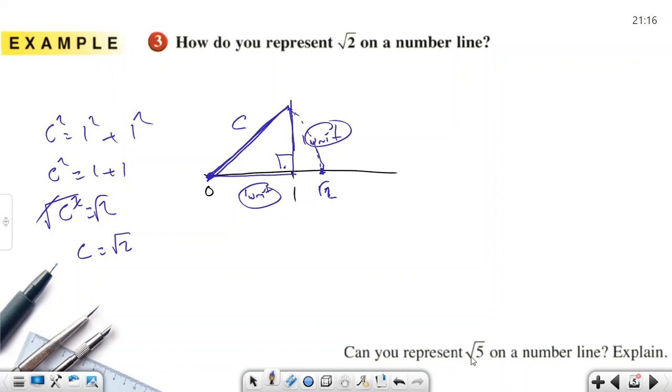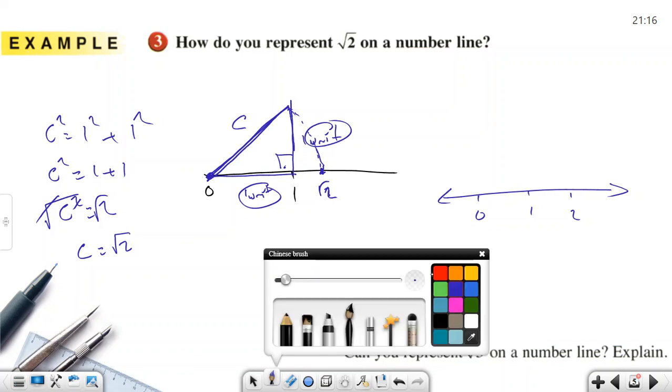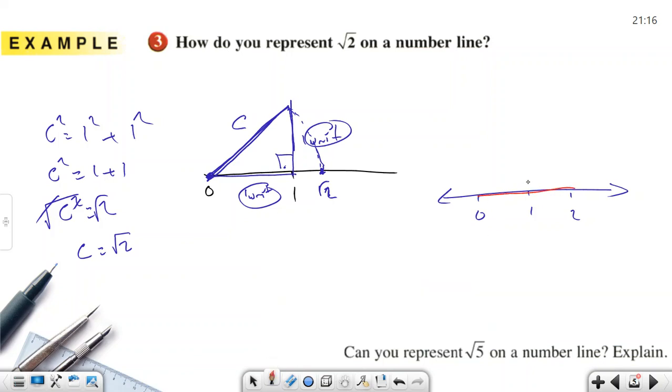What about square root of 5? You can use the same method for square root of 5. This is 0, this is 1, this is 2. If you use the same method, this is going to be 2 units, go up 1 unit, so hypotenuse: 2 squared plus 1 squared equals hypotenuse squared. Hypotenuse squared equals 4 plus 1, c squared equals 5.